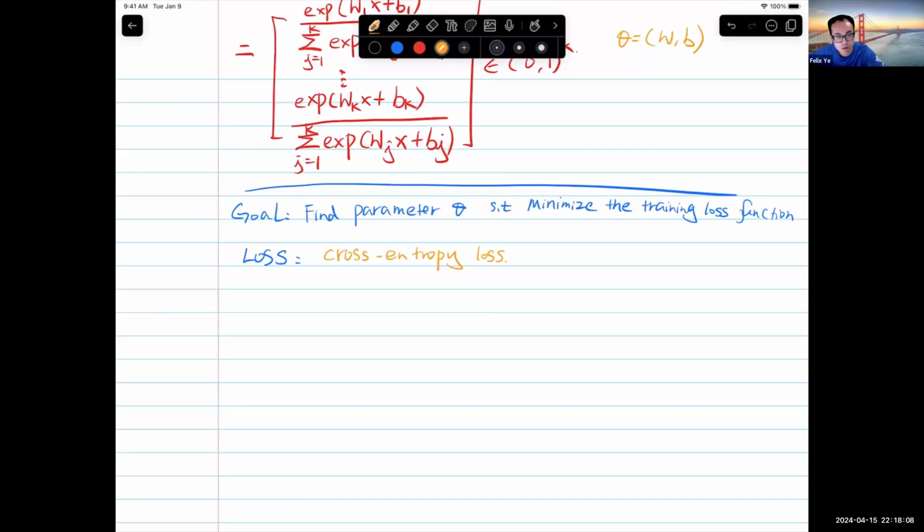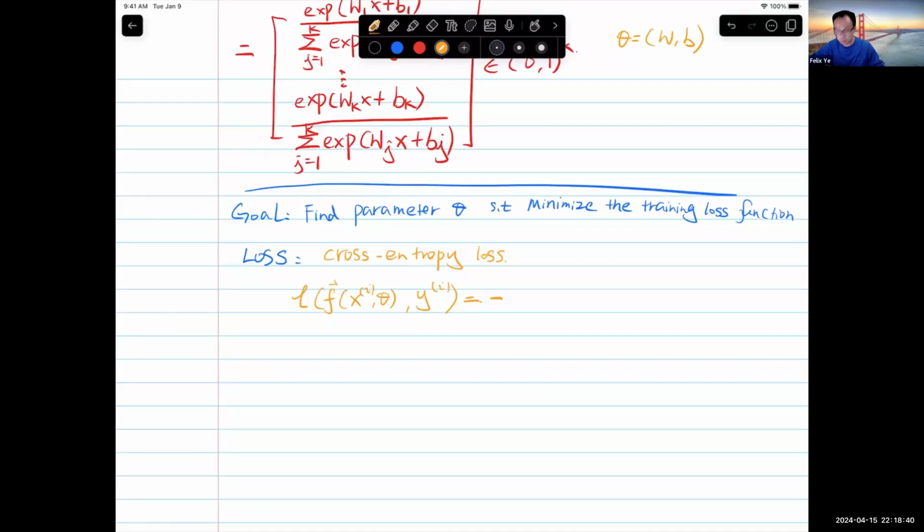So the definition of the cross entropy is given as follows. Say this is the loss of f of x_i, theta, and y_i.